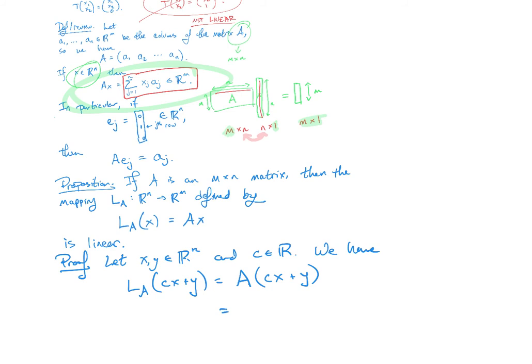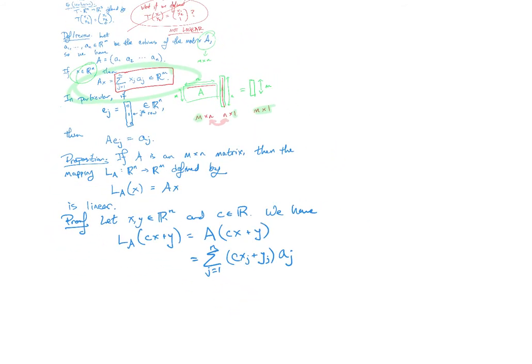This is the sum from j equals 1 to n of the jth component of Cx plus y, which is a scalar, times the jth column of A. Okay. Now we're talking about just scalars times vectors, and I claim that it's clear that that's going to be associative and commutative.